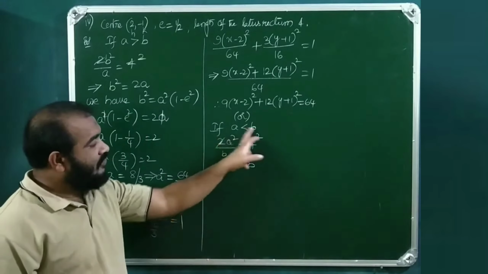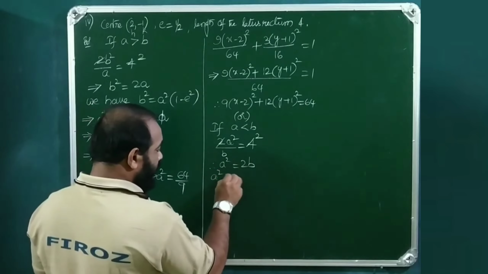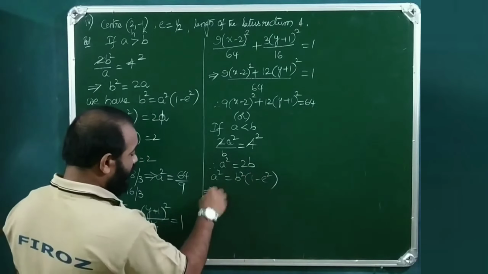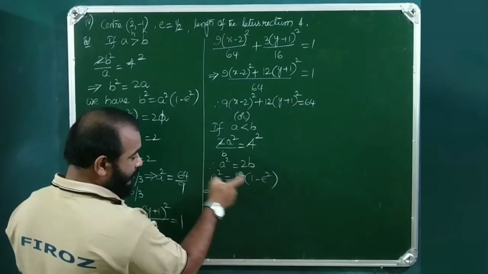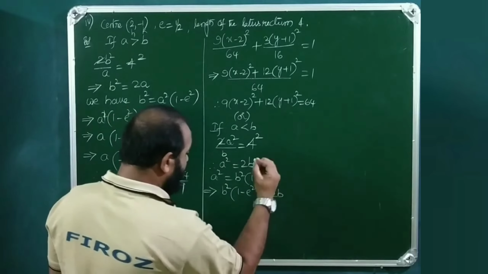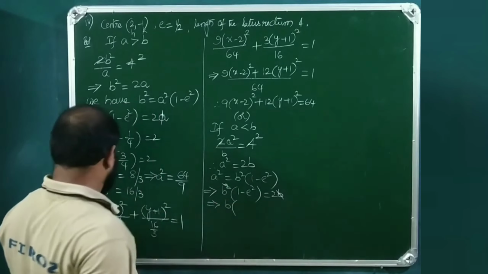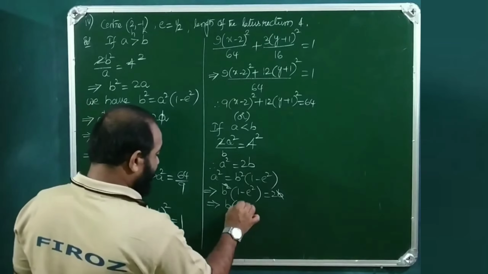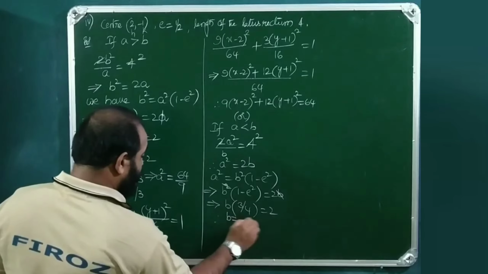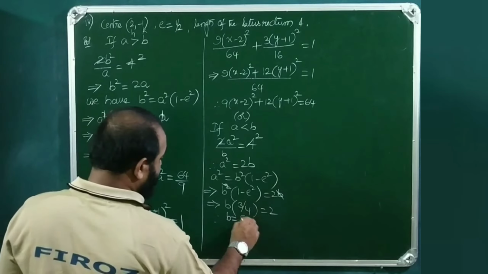So if A is less than B, the condition is A square equals B square into 1 minus E square. So A square can be replaced by B square into 1 minus E square, which equals 2B. So this and this gets cancelled. So B into 3 by 4 is equal to 2. Therefore, B is equal to 4 twos are 8, 8 by 3.